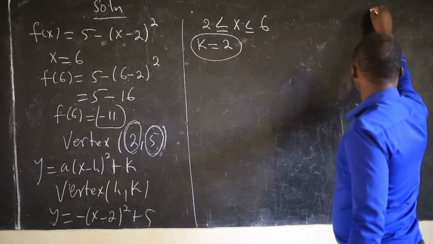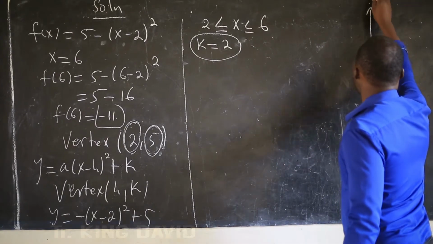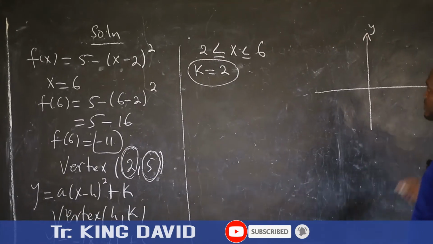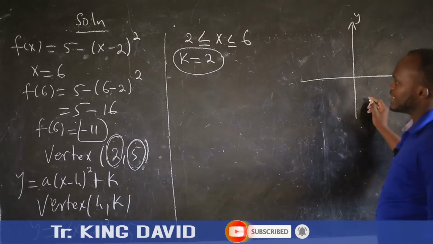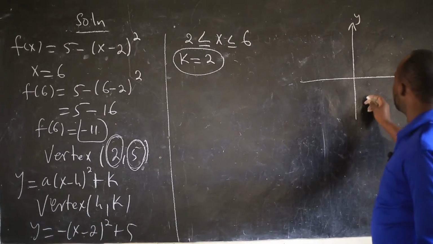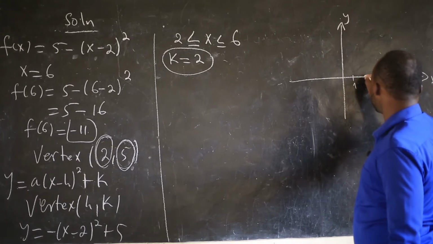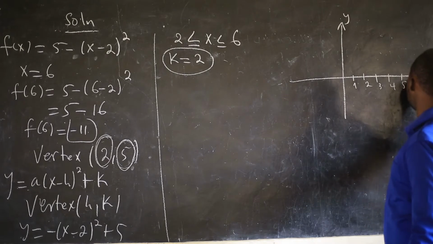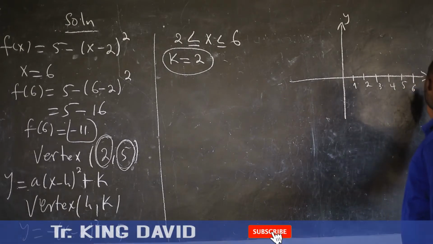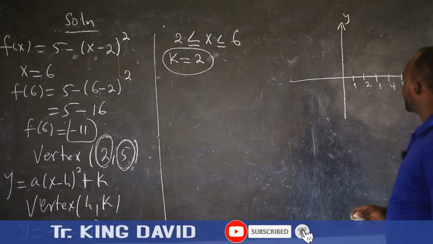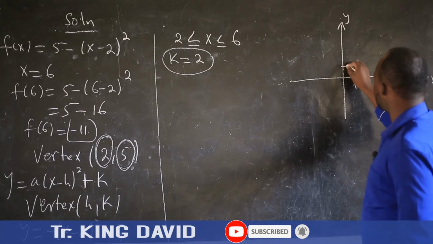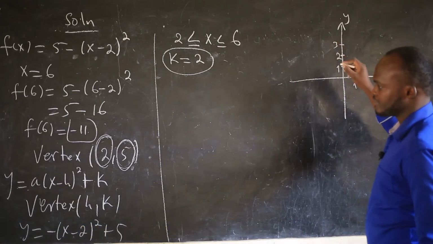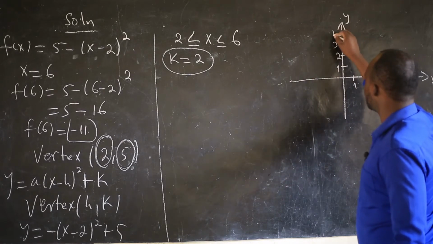If we sketch, we have y and x. So let me say this is 1, 2, 3, 4, 5, 6. Then this is 1, 2, 3, 4.